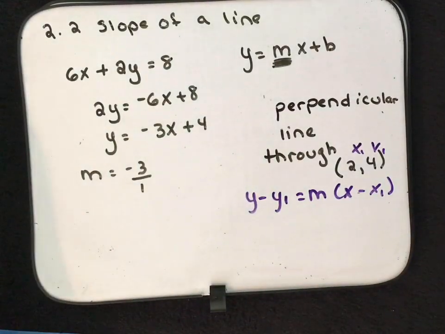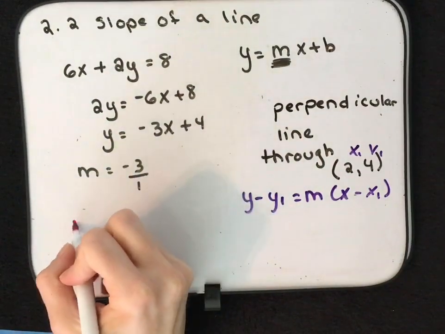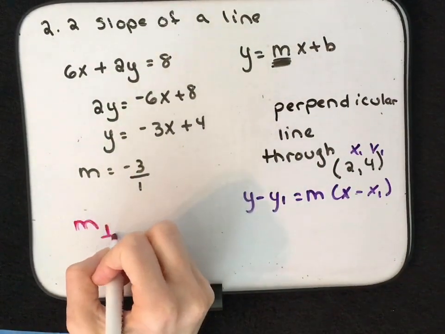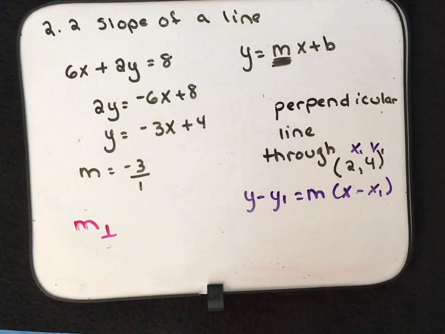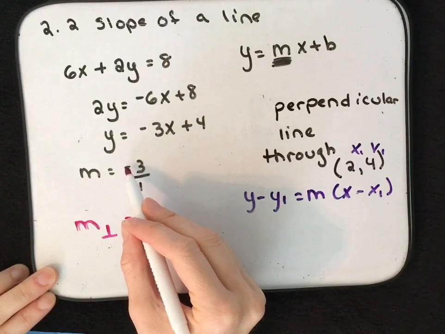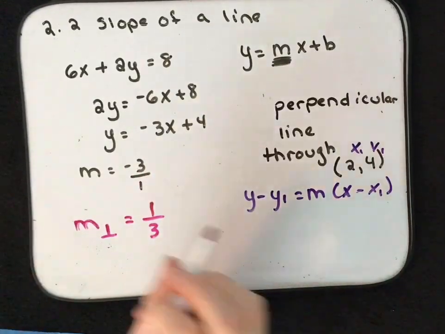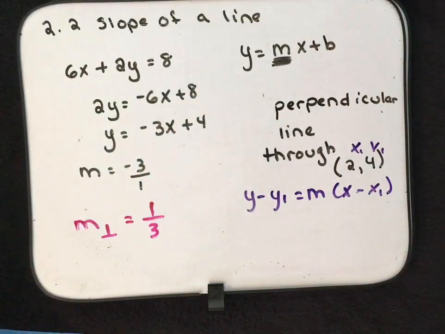So our parallel slope was negative 3. In geometry, the symbol for perpendicular looks like an upside down T. So our perpendicular slope is going to be the opposite. So instead of negative, it'll be positive. And 3 over 1, flip it over, becomes 1/3. Everything else in our solution is the same.